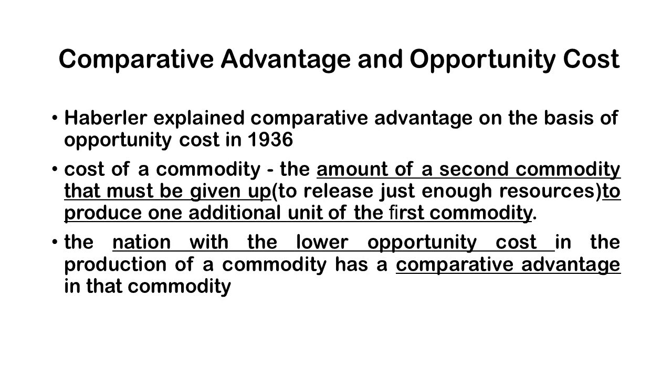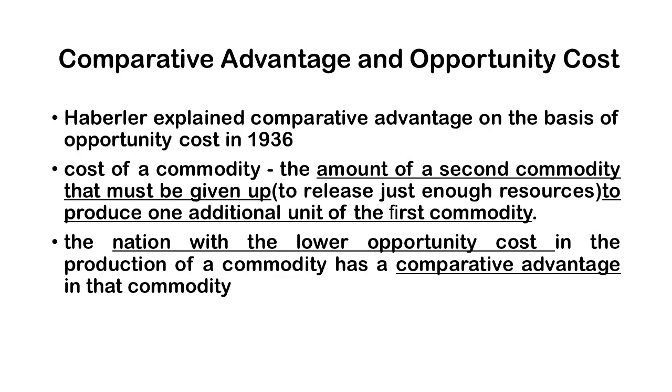We are foregoing the production of a given commodity, and we are choosing to produce another commodity. So the opportunity cost of production of one particular commodity is the amount of the second commodity that has been given up to produce an additional unit of the first commodity. So according to Haberler, a nation with the lower opportunity cost in the production of a commodity has a comparative advantage in the production of that commodity.